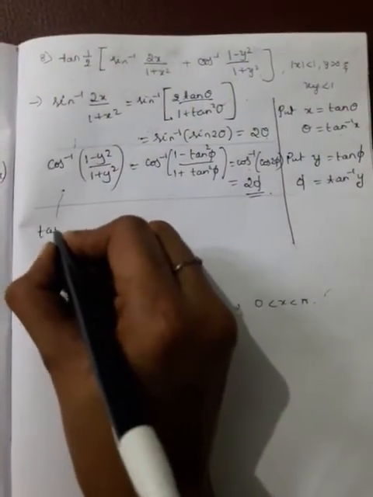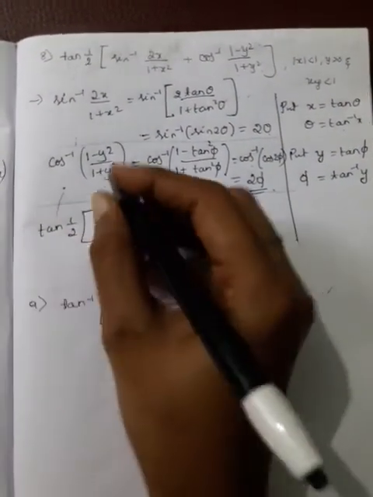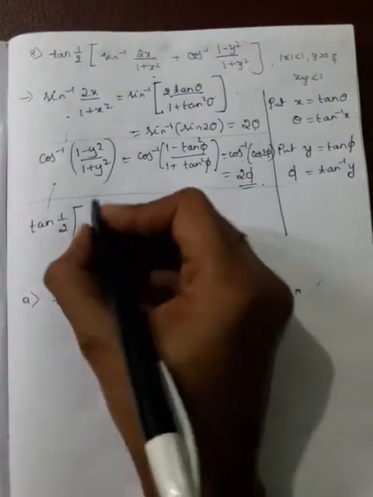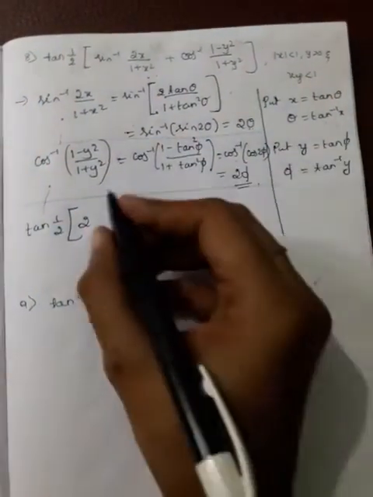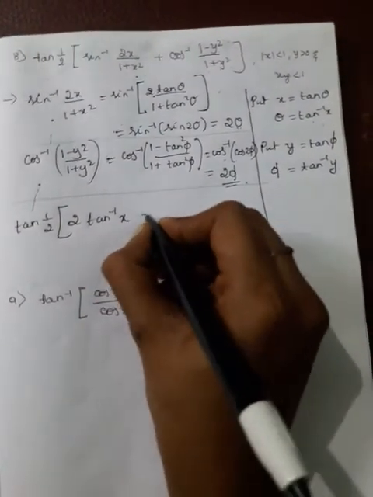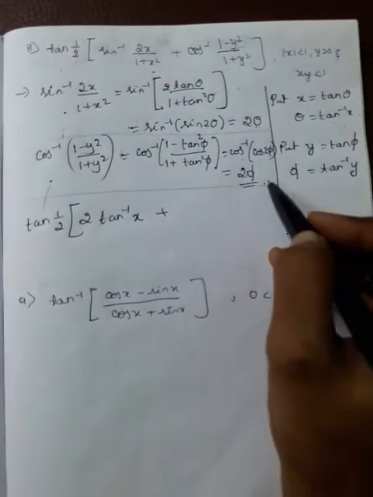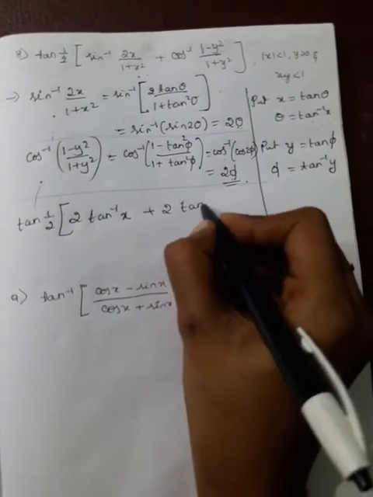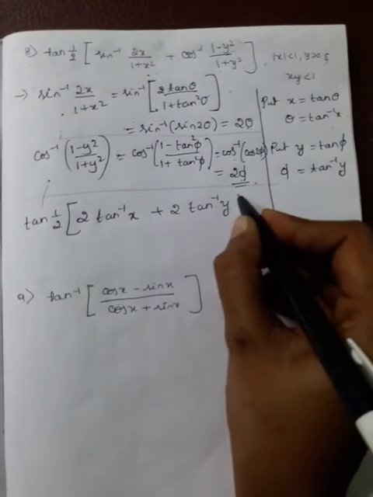That is tan of 1 by 2 into sin inverse of 2x divided by 1 plus x square is equal to 2 theta, that is 2 into theta value, tan inverse of x, plus cos inverse of 1 minus y square divided by 1 plus y square is 2 phi, that is 2 into phi value, tan inverse of y.